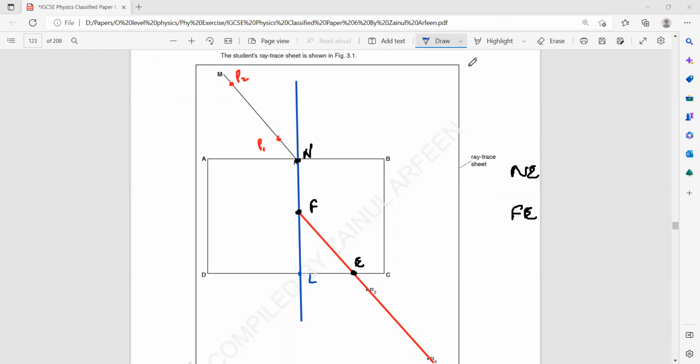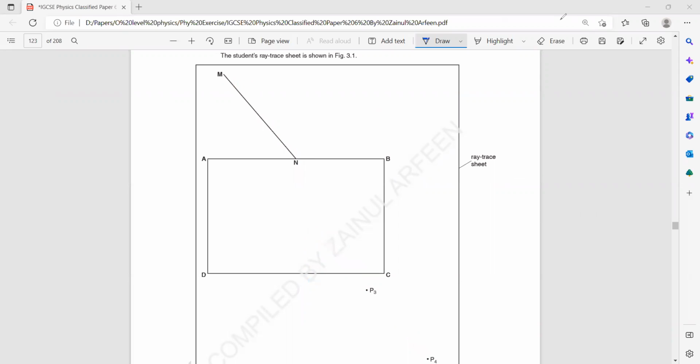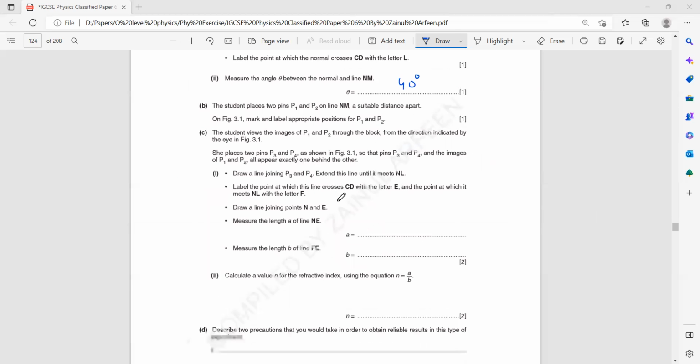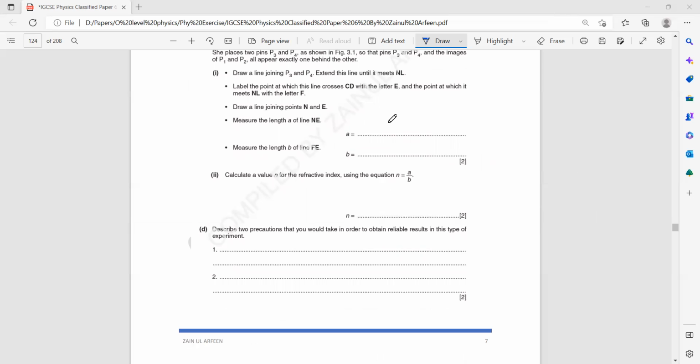So N to E, most of the students got 6.4, so we'll write 6.4 or 6.3. 4.4, okay. For me it was 4, sir. 4, okay. So 6.4 and 4. So you will write according to your value. So this was 6.4 we got, this we got 4.